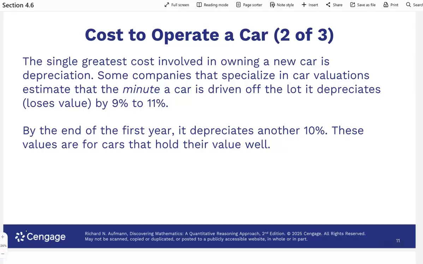So suppose we bought a new car. Let's talk about depreciation. Cars depreciate over time and they depreciate rather quickly. If you were to buy a brand new car, as soon as you drive it off the lot, it starts to depreciate, and it usually goes down somewhere between 9 and 11% as soon as you drive it off the lot. And by the end of the first year, it's going to depreciate around another 10%.